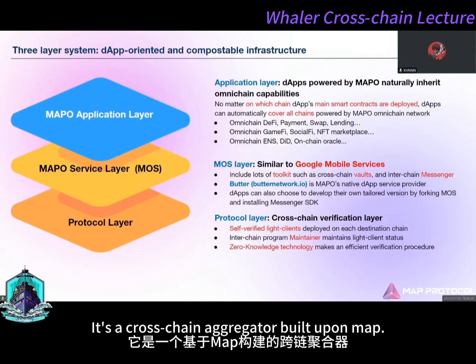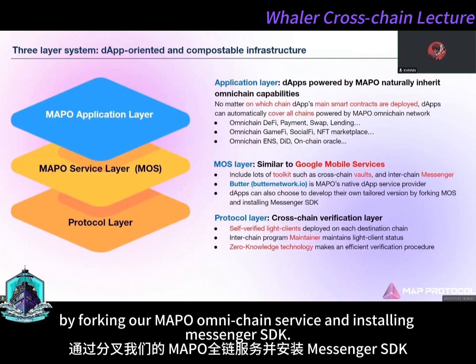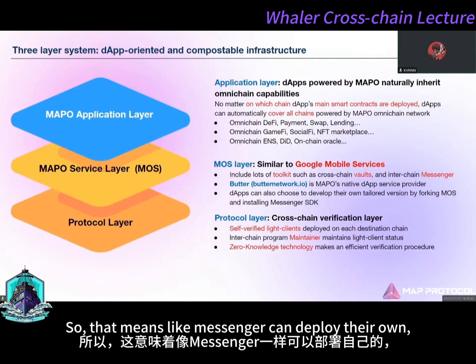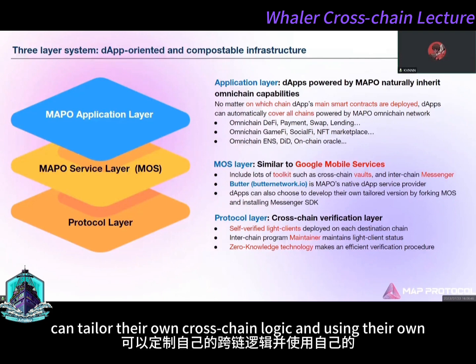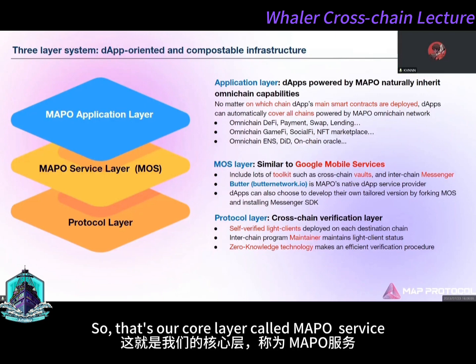It's a cross-chain aggregator built upon Map. The app can also choose to develop their own tailored version by forking our MAPO Omnichain service and installing the Messenger SDK. That means apps can tailor their own cross-chain logic and use their own messengers to deliver their own transactions. So that's our core layer, called the MAPO service layer.